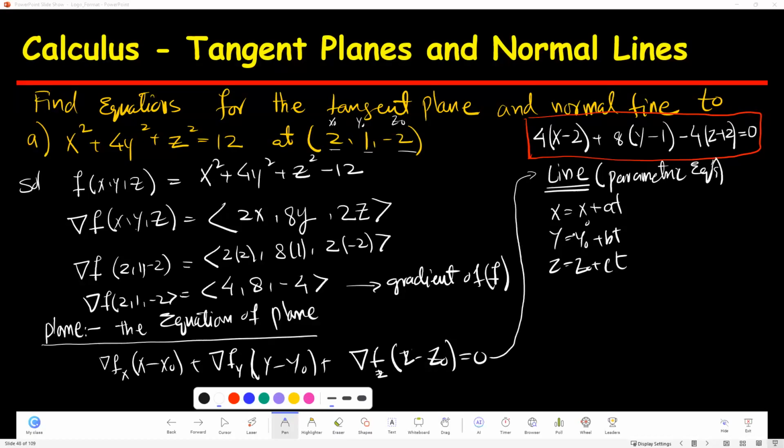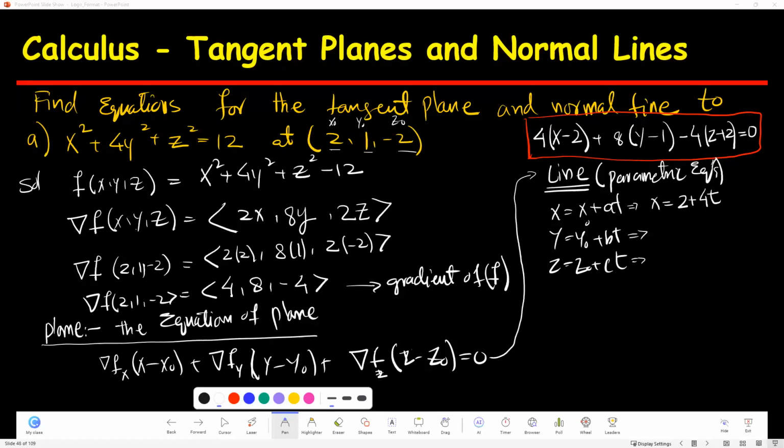Okay. Now a, b, c we already determined, right? It's given in the problem. In this particular case, we're going to use this one, a, b, c. So I'm going to write this equation like this. X equals x naught plus at, so x naught will be 2 plus at, where my a is 4t, right here.